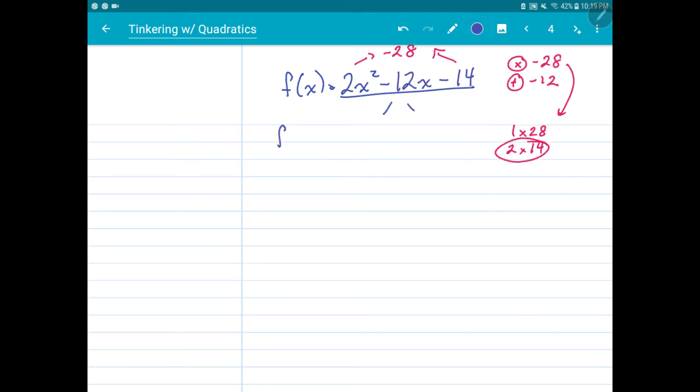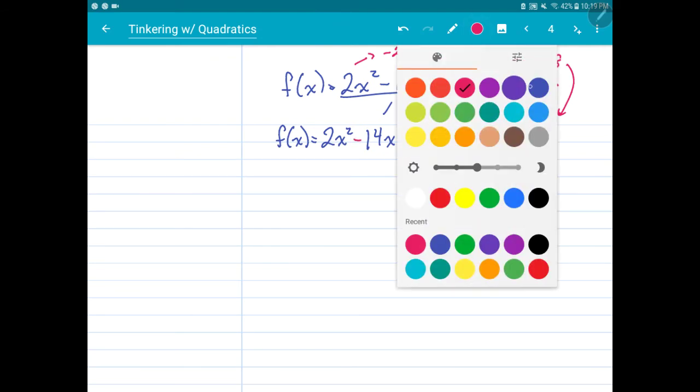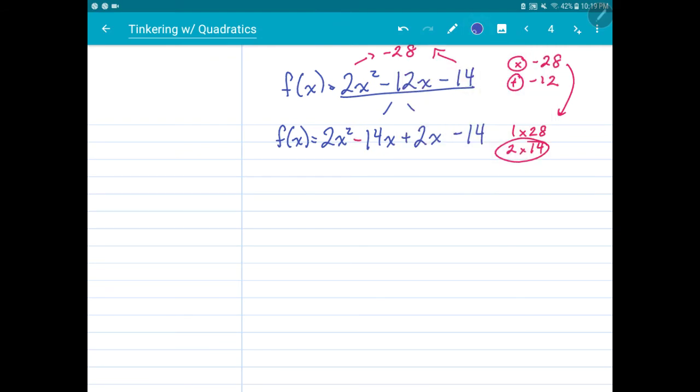So we get f of x equals 2x squared. And I'm just going to write in the 14x and the 2x and the minus 14. But I want to make sure that I get minus 12. So I'm going to make it minus 14x and plus 2x. And then I'll keep going.